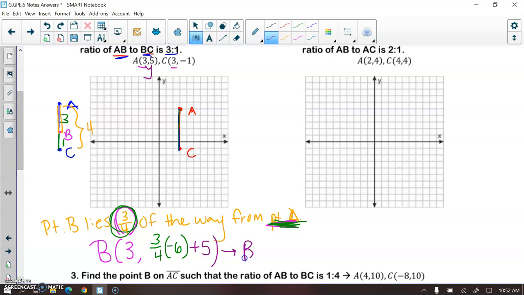So point B would then lie at 3.5, or 1/2 if you want to write it like that. So right here, that splits our segment up into a ratio of 3:1, and B is 3/4 of the way from point A.